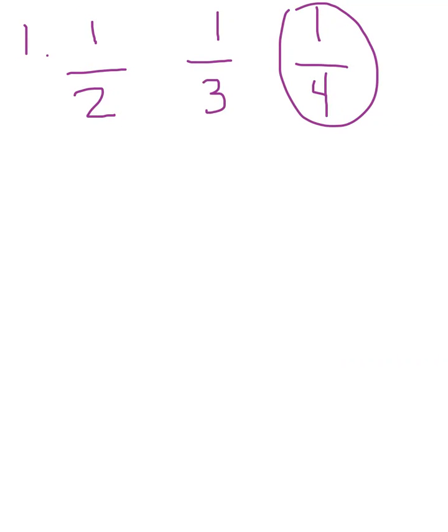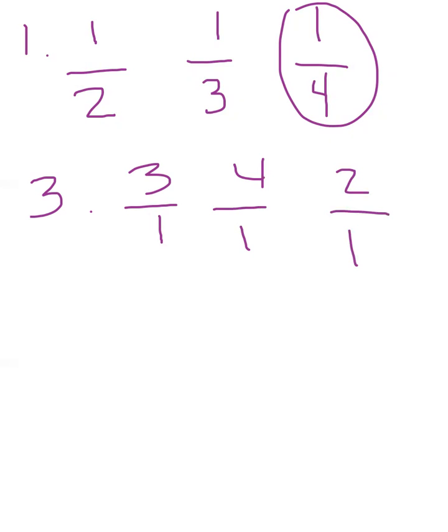And the next problem says circle the fraction with the lowest value on number 3. So we have 3 over 1, 4/1, and 2/1. So which one of these has the lowest value?